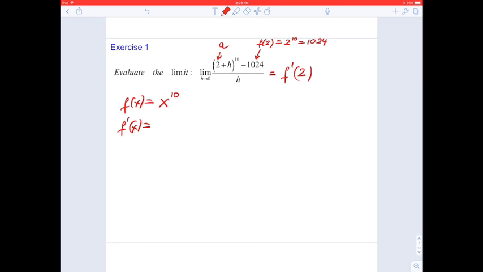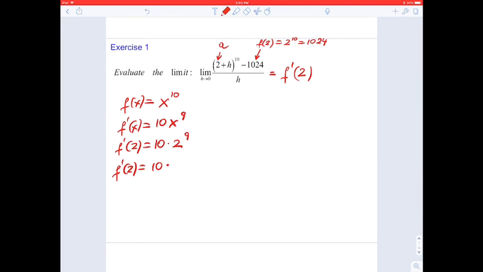X to the power of 10, derivative is 10x to the power of 9. And now I need the value at 2. 10 times 2 to the power of 9. And theoretically we can leave it like that, or maybe we can try to simplify.